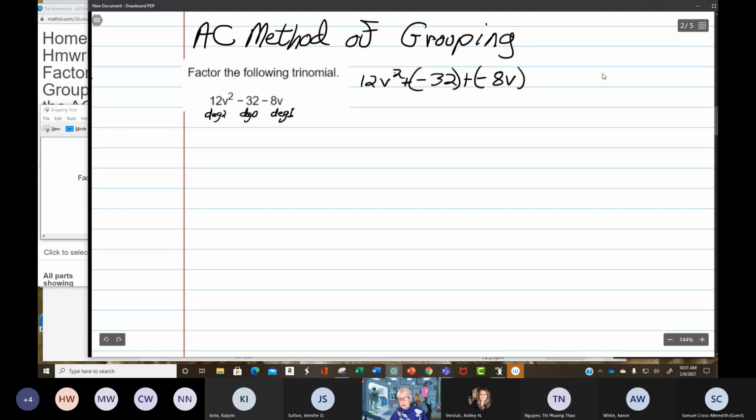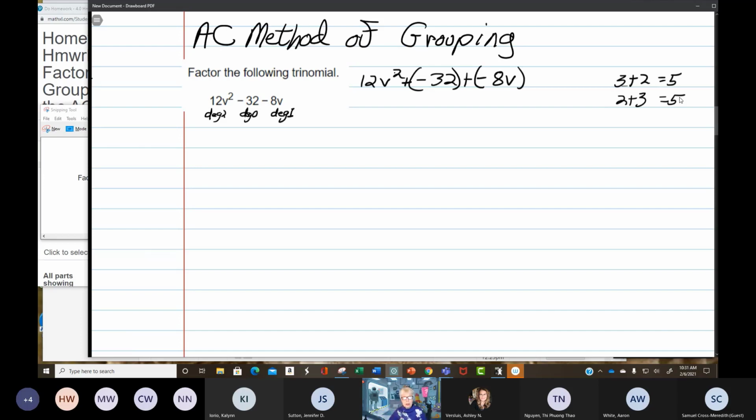And you know, if I had a problem like 3 plus 2 equals 5, you would automatically know that 3 plus 2 is the same thing as 2 plus 3. I could write it as 2 plus 3 if I wanted to, because when numbers are added, you can move them around.